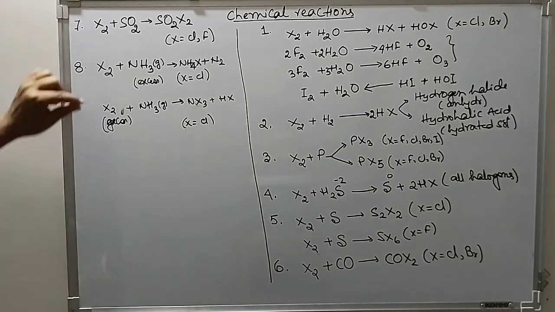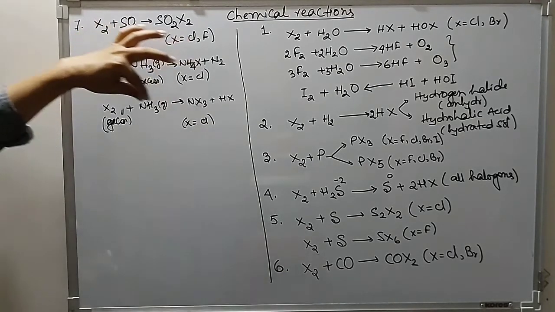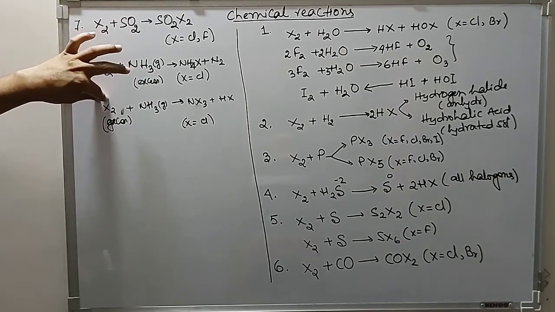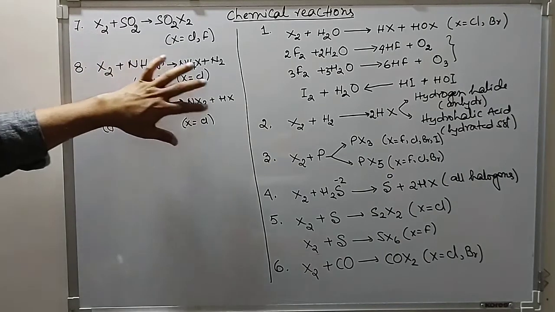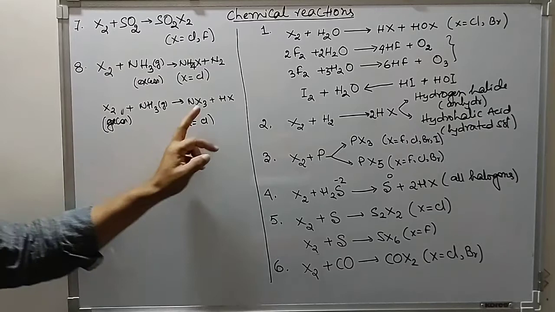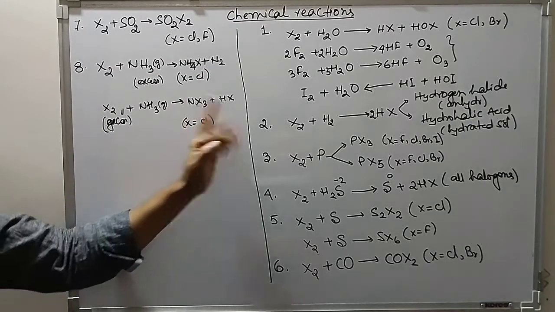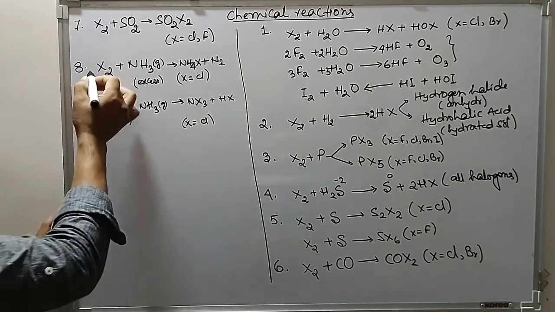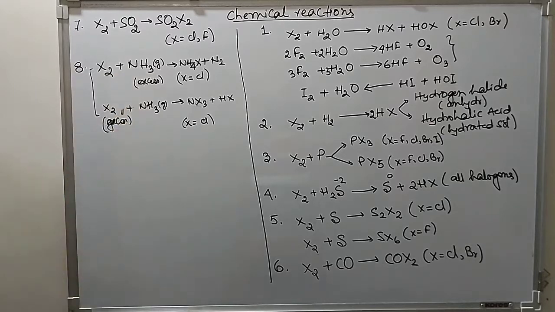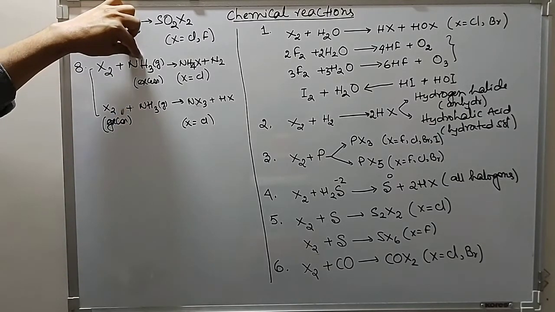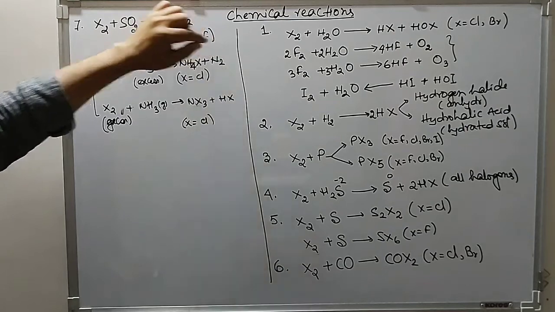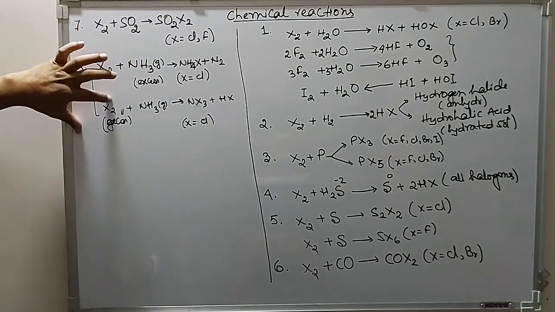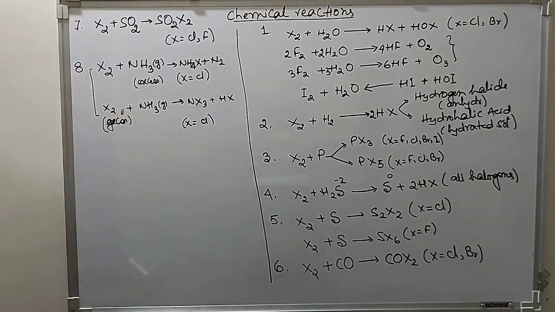So chlorine reacts with ammonia gas. If chlorine gas is taken in excess quantity, this gives you NCl3, trichloroamine, plus hydrogen halide. So look at this, there is a difference of product. If ammonia gas is taken in excess, nitrogen gas is formed. If chlorine gas is taken in excess, this gives you NCl3.